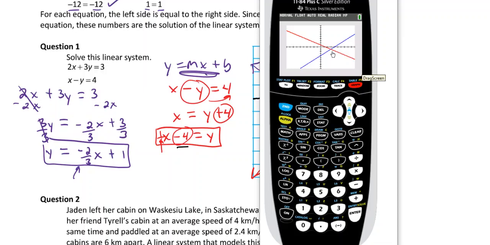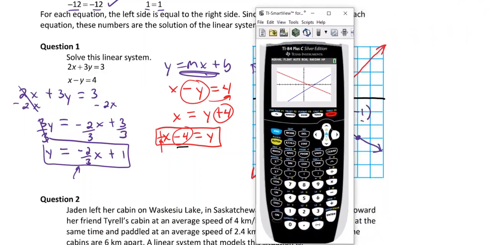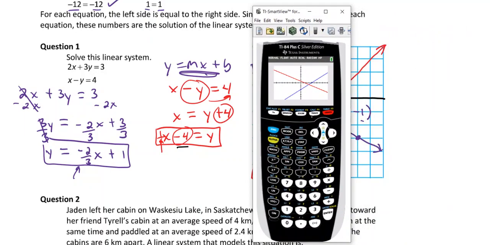Okay, so what we should see here, if we do this right, is that we should end up with 3, negative 1 for where they cross. So where we find these things is under calc. Do you guys see calc up the top? It's in blue. The way we get the blue ones is by going second function and then calc. And then I'm going to get this list of options here.